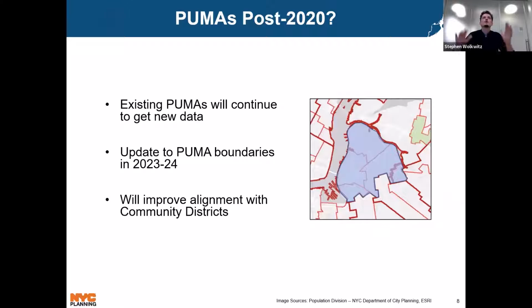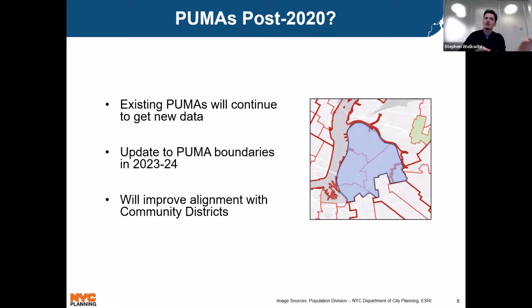Now, what's going on with the PUMAs post-2020 census? Well, the existing PUMAs and PUMA boundaries are going to continue to get updated with new data. There will be a coming update to the PUMA boundaries. I have written here 2023, 2024, but we weren't quite sure what the end timeline was going to be with that.